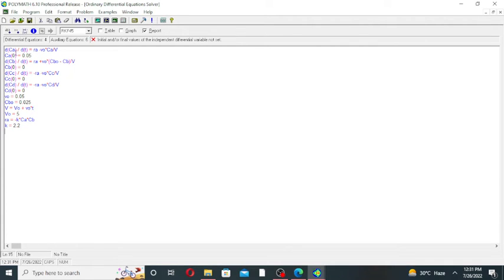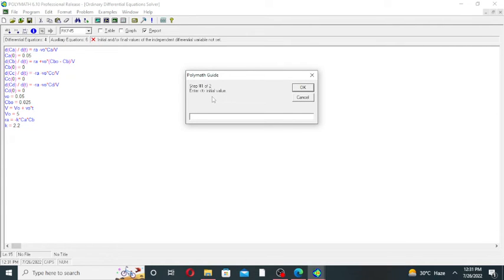Remember, the independent variable in this semi-batch reactor is time. With the passage of time, concentration and rate change in the semi-batch reactor. So time is the independent variable. Click on this one.